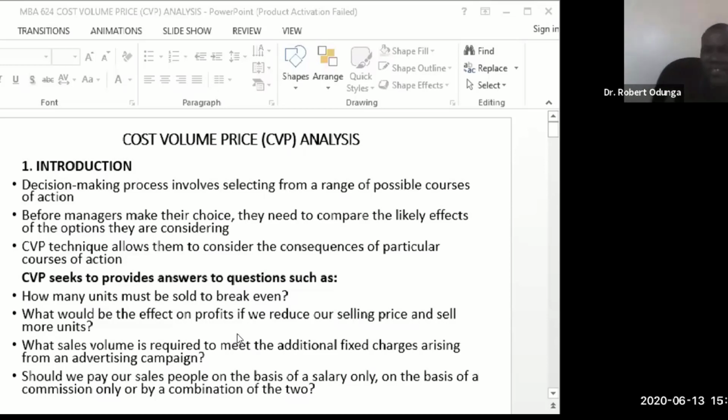So these variables, yes, the assumption is they are constant, but those constant variables are the ones that help you manipulate this linear equation. Because we know our linear equation is variable cost plus fixed cost equals total cost, all right?